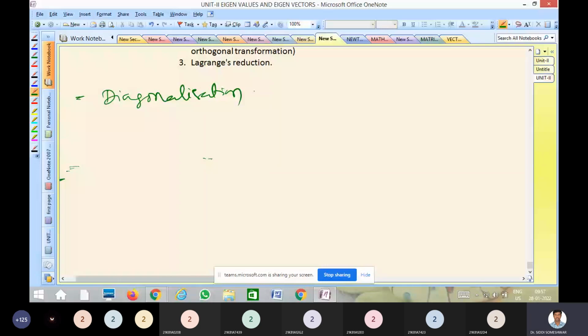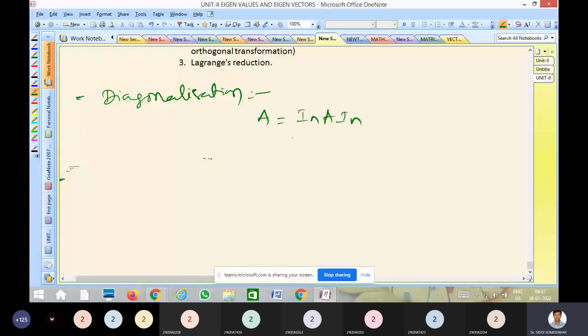In diagonalization, first we are going to consider the given matrix capital A, and the order of the matrix. If it is an n by n matrix, I am taking I equal to I_n. Now we will reduce this capital A to diagonal form by applying elementary row operations and column operations.